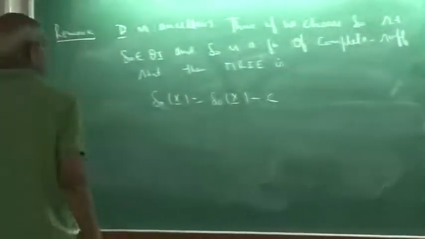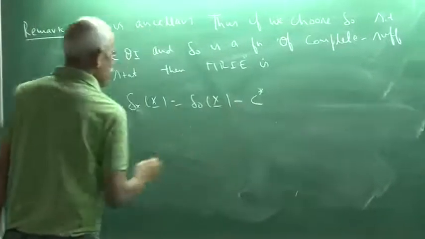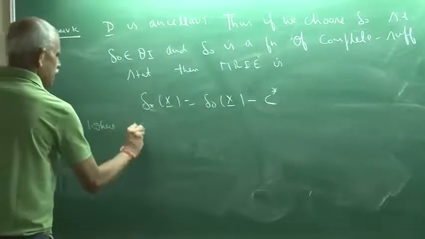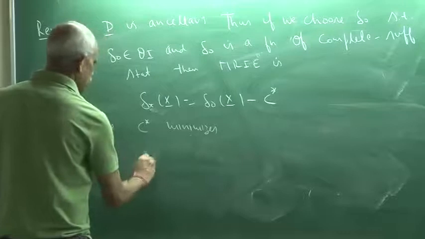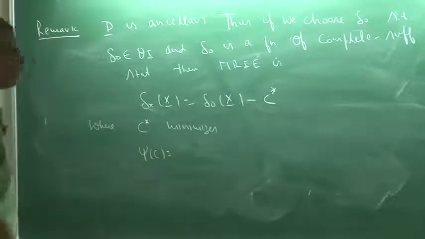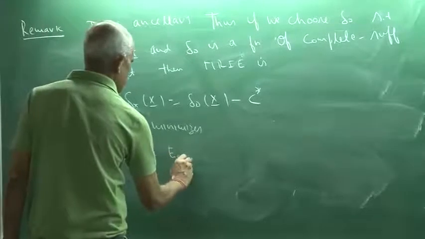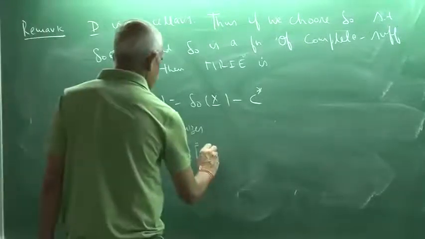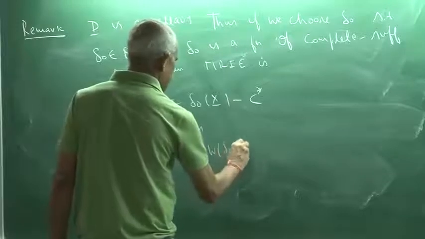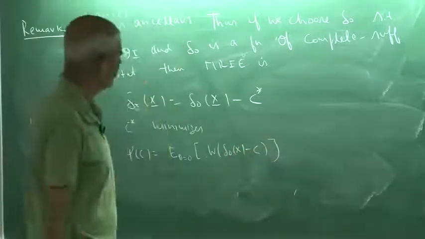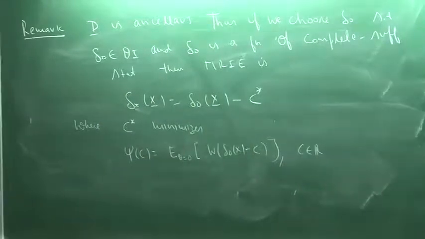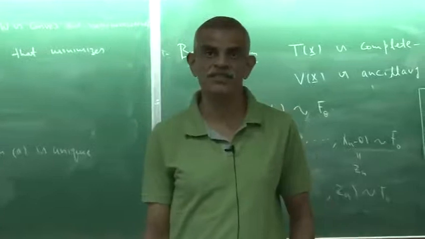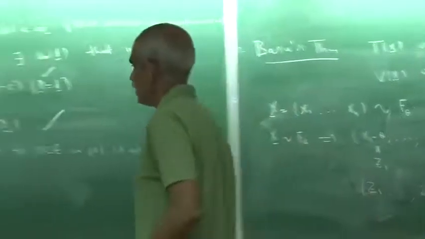So it will be delta naught x minus C star, where C star minimizes psi C, which is expected value under theta equal to 0 of W of delta naught x minus C. Very simple. So in situations where a complete sufficient statistic exists, and you can find an estimator delta naught which is easy to handle and is a function of a complete sufficient statistic, MRE is very straightforward to find.